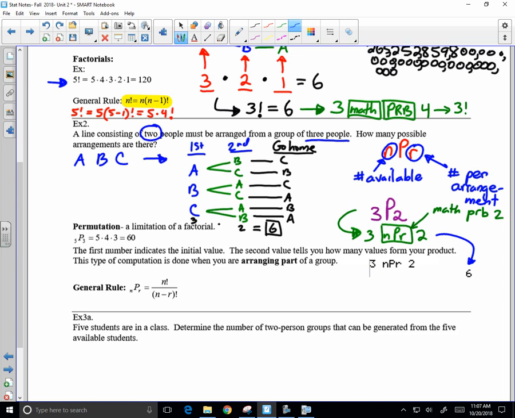So if I were to say, for example, 3P1, in your calculator, that's going to give me a 3. So what that tells me is the number of leftovers, the number of ways for a person to be excluded.